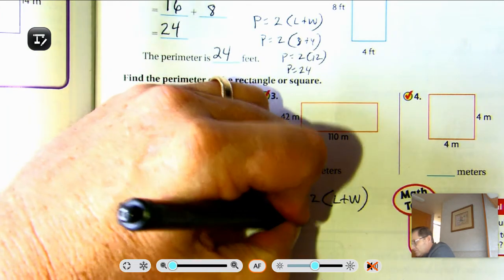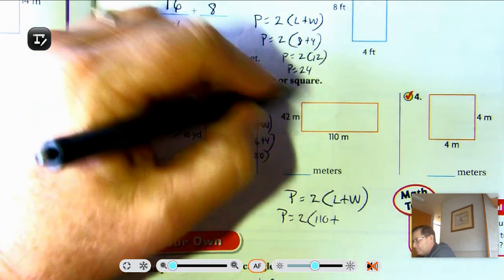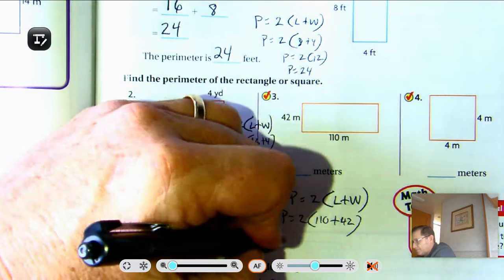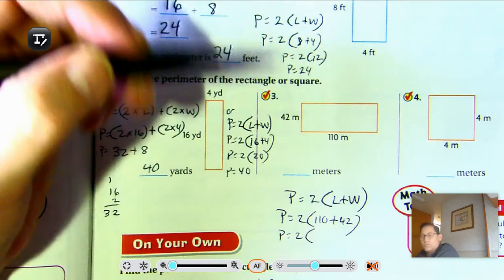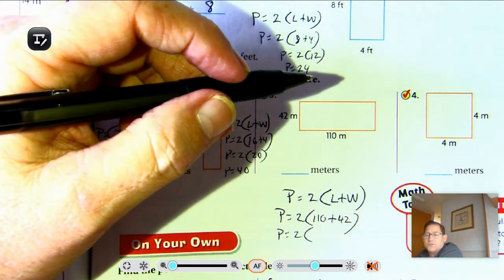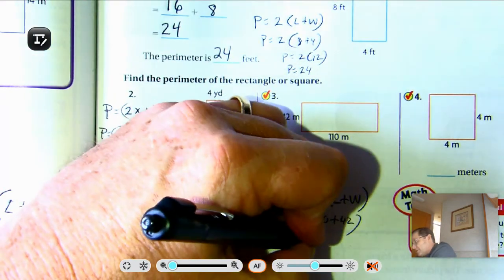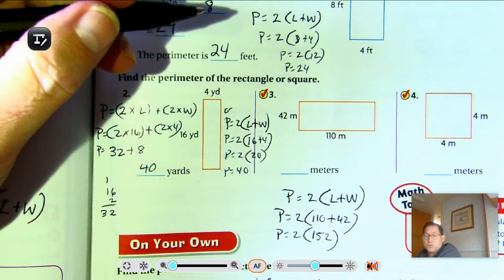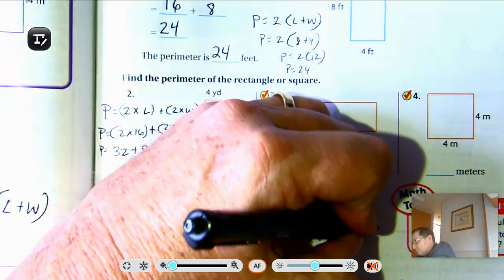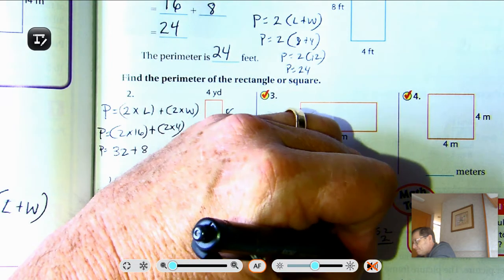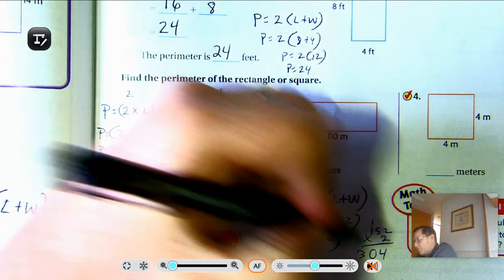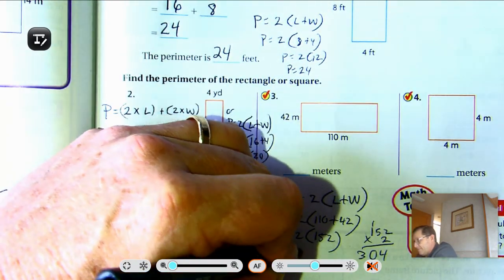So if we said P equals 2 times 110 plus 42. 110 plus 42. What's 42 plus 10? 52. So 152. All right, now multiply 152 by 2. 304 meters.